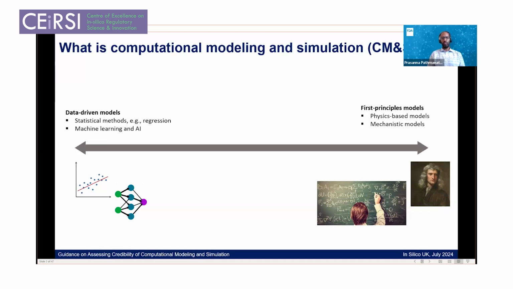So let's start by talking about what we actually mean by computational modeling and simulation. This figure talks about two different types of computational, let's say, technology or mathematical model. Let's start with the right-hand side. Right-hand side are what I'm calling first principles models, sometimes called knowledge-based models, or physics-based models, or mechanistic models.